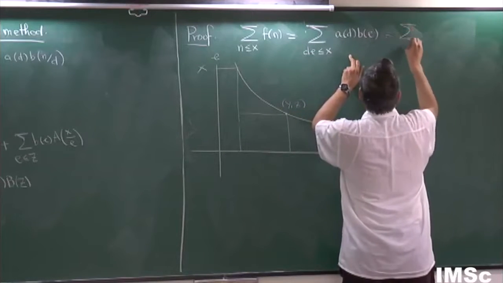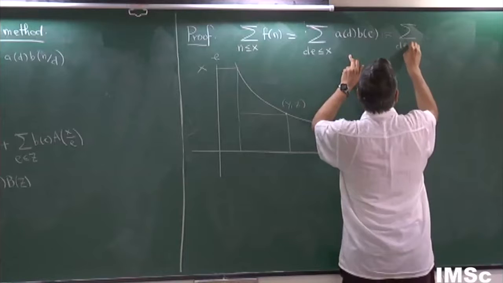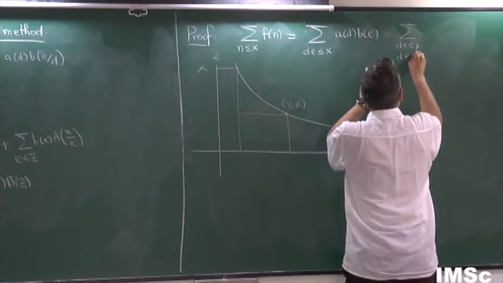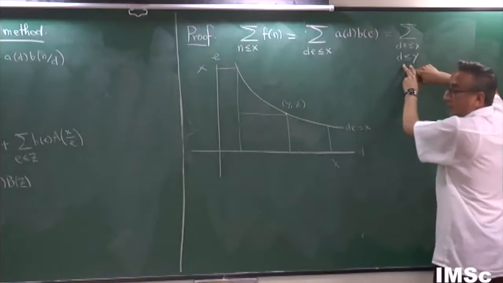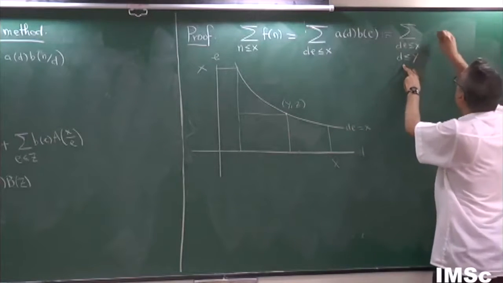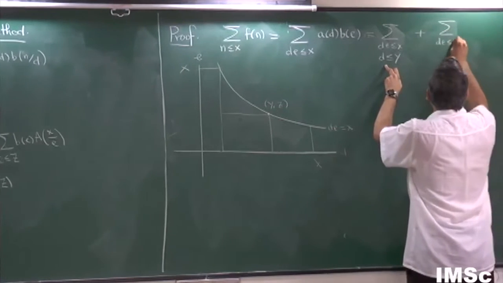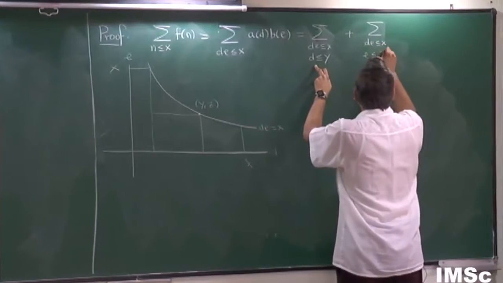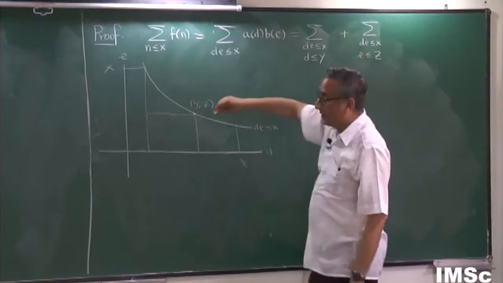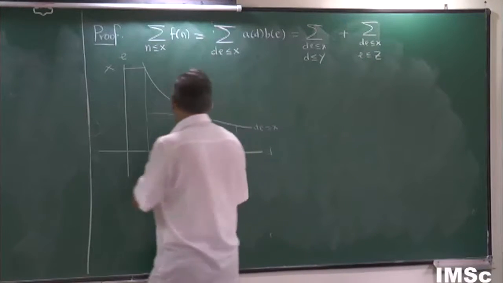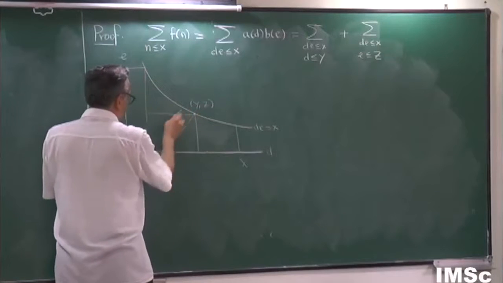I can say de less than x, d is less than or equal to y. So these are all the lattice points with d less than y. And then de less than x, e less than z. These are all the lattice points with e less than or equal to z. So all the lattice points with d less than or equal to y are in this region.